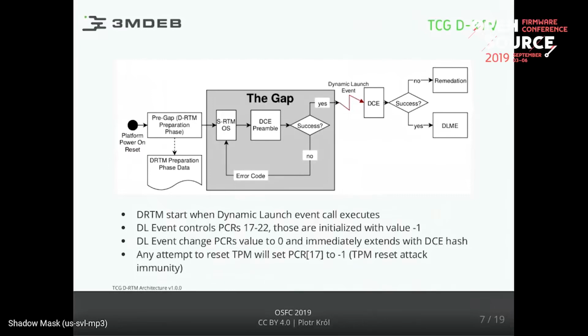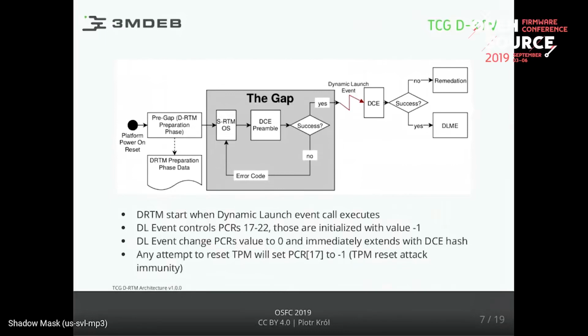Then either we have success and a dynamically launched measured environment. We run some kernel or other software, and we can check the PCRs to see that everything was dynamically measured, and check those measurements. Or we have some remediation if this didn't succeed. This dynamic launch event uses PCR 17 to 22.